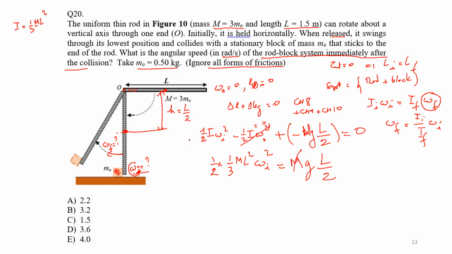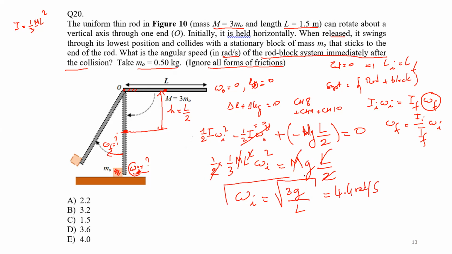You see the M will simplify, this L will simplify with this L, this half will simplify with this half, and I will get omega initial is the square root of 3g divided by L. We have already solved this type of problem many times in chapter 10. So this will give me 4.4 radian per second.